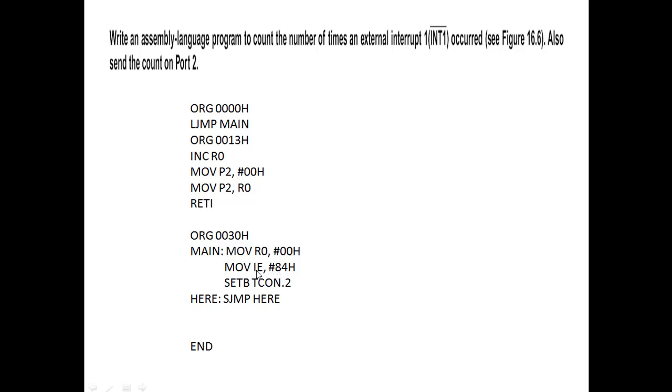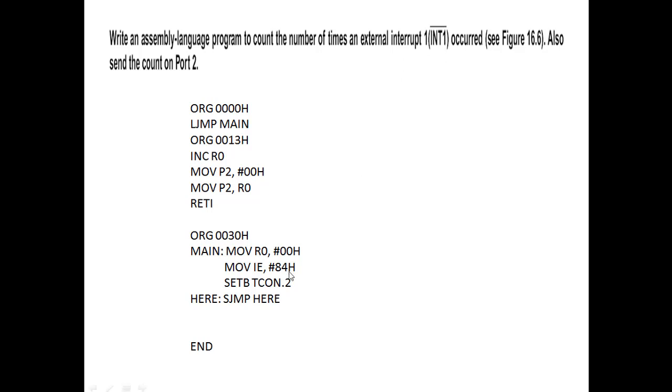So we write MOV IE, #84h. After writing this command, your interrupt has been enabled, and the particular interrupt enabled is interrupt 1.